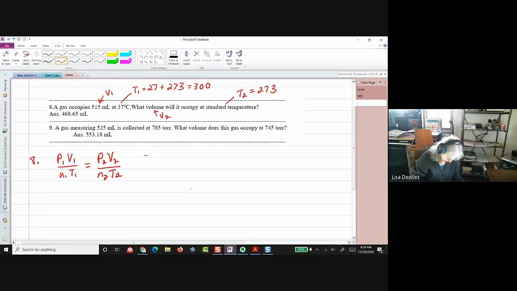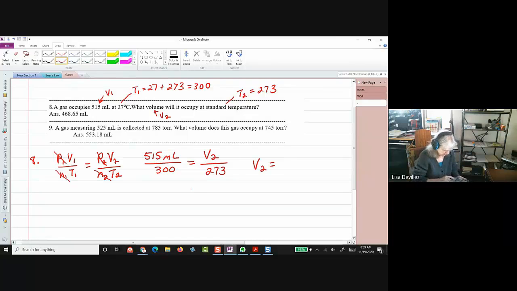Moles are not changing, pressure is not changing, so there's my equation. I have 515 milliliters over 300 equal to V2 over 273. So my volume is 515 times 273 divided by 300. I get 468.65 milliliters.